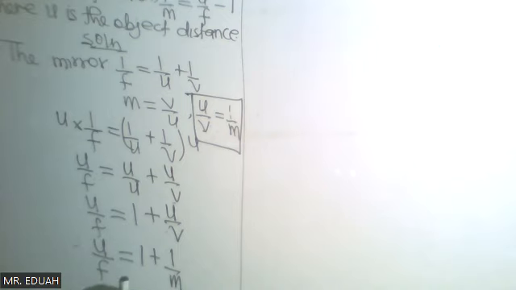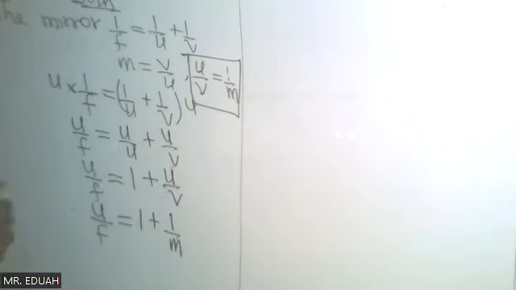Okay, so I need to make 1 on M the subject. So Hilda, what do I do to make 1 on M the subject here? You send the 1 to the other side, making it U on F minus 1 is equal to 1 on M. Thank you.